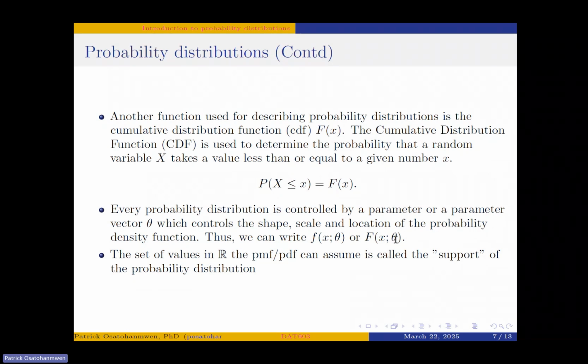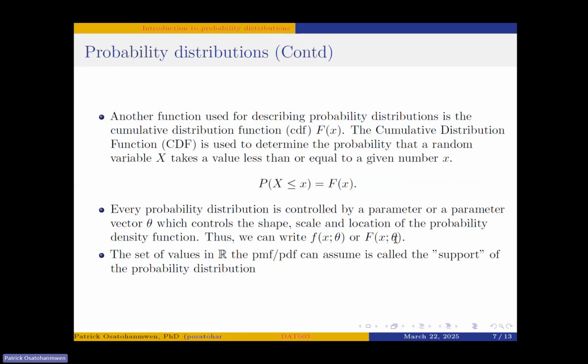For example, like in the assignment I gave to us, when you specify the PDF and the CDF of the normal distribution, can someone tell me what the parameters are? Okay, the mean and the variance. Exactly.